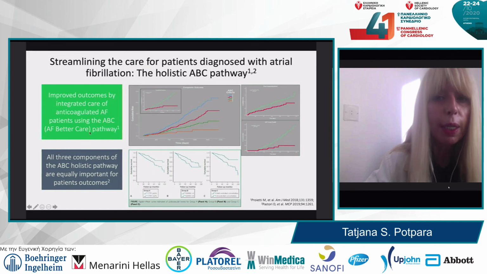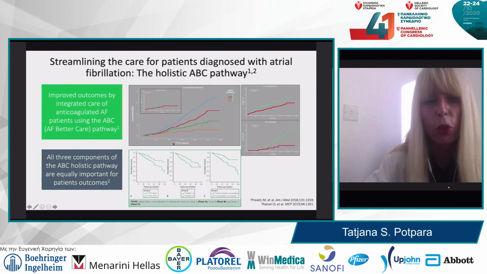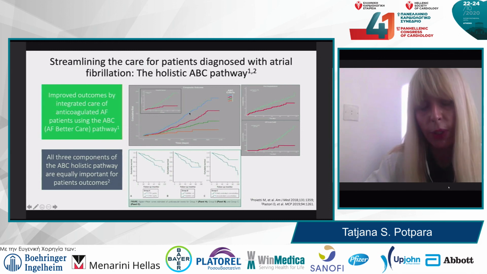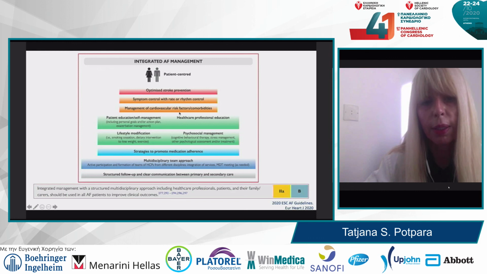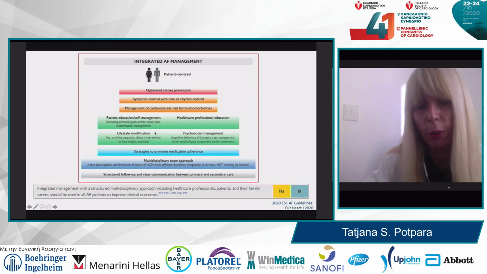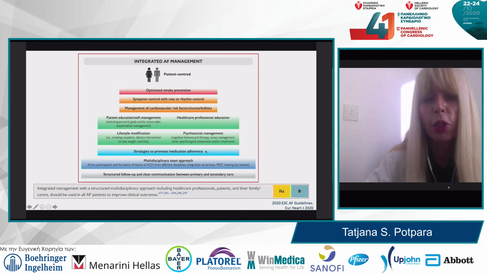Finally, the holistic ABC pathway of integrated care has been shown to improve patients' outcomes in a dose-dependent manner, each component being equally important for patient outcomes. Integrated management also needs to be patient-centered, with active patient involvement through education, continuous collaboration, shared decision-making, and so forth.